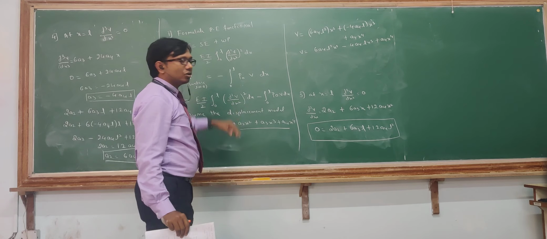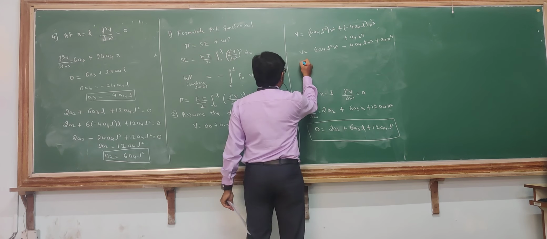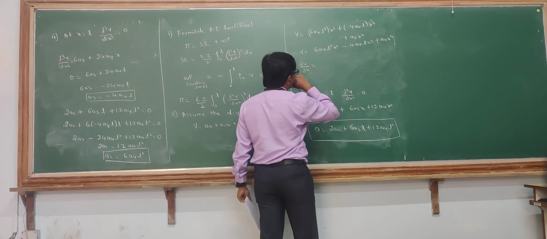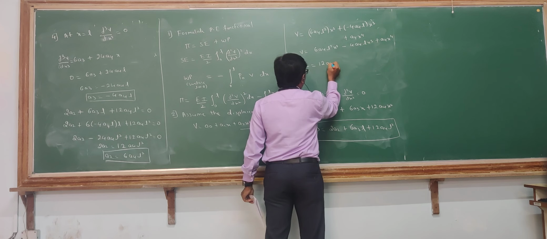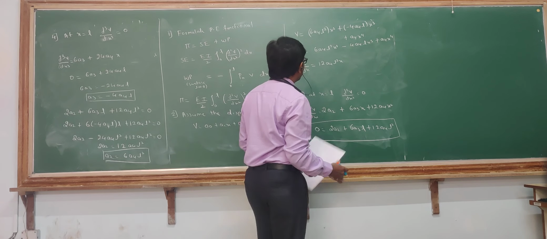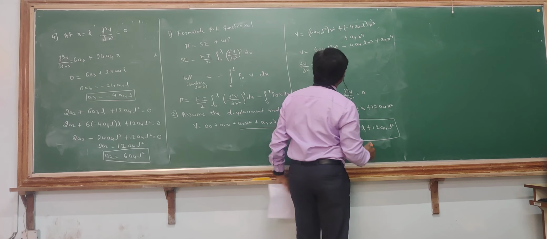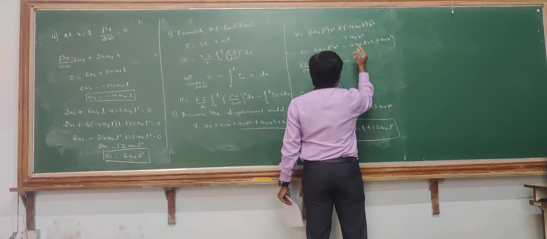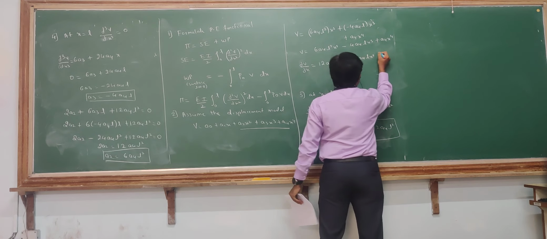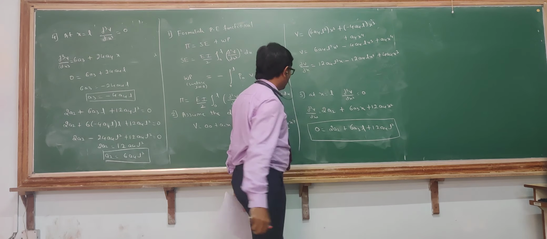Now I should get ∂²V/∂x², because it has to be substituted in this. First I will differentiate with respect to x. So ∂V/∂x is 12a4L²x, 12 because of the 2x, minus 12a4Lx², 3 times 4 is 12, plus 4a4x³. This is ∂V/∂x.